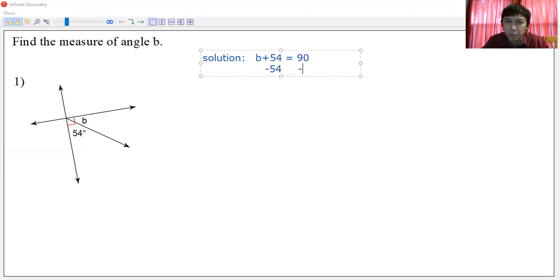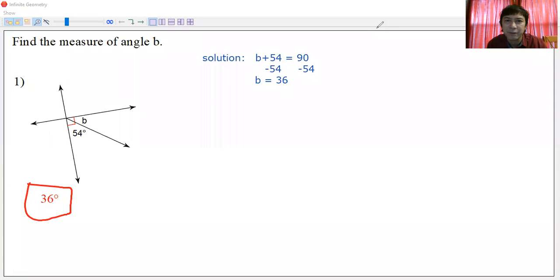So this will be minus 54 there. In the next line we will have just B at the left side, and the right side will be how much? 36. That should be 36 degrees. So that should be the answer for angle B, and we can verify that over here. It displays the answer there. It's 36 degrees. All right, that goes to our first number. Let's continue with the next.